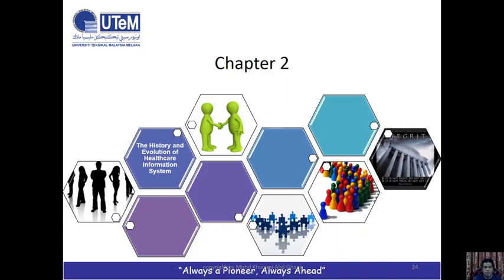The previous chapter we talked about the introduction of the healthcare information system. Before we go inside the healthcare information system, especially on the healthcare data, what is the major data to be included in the HIS?